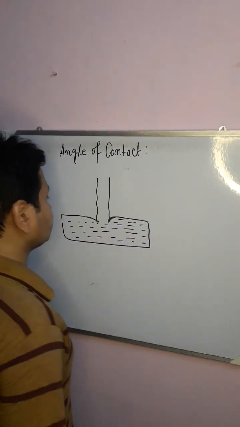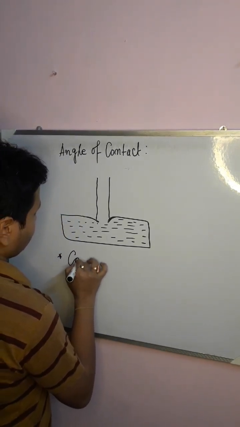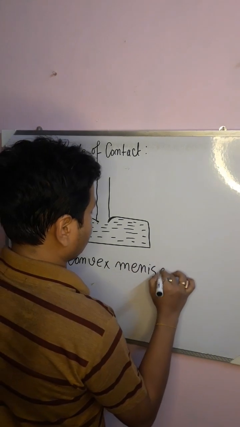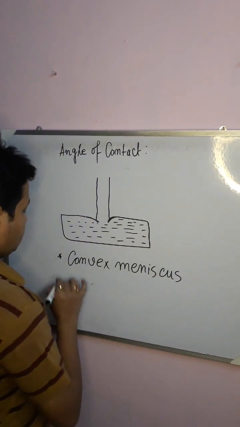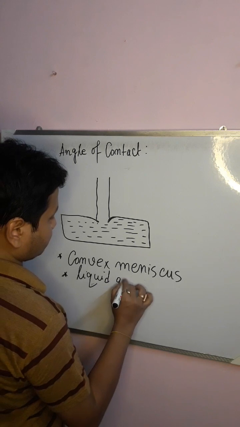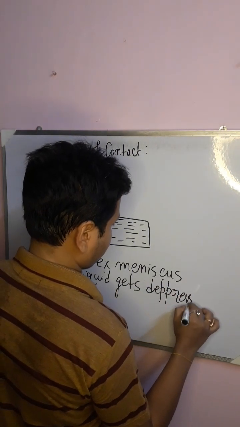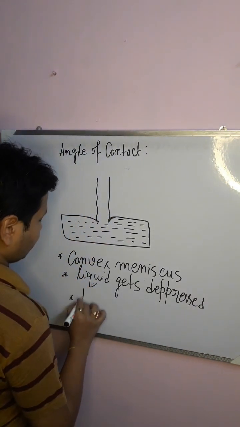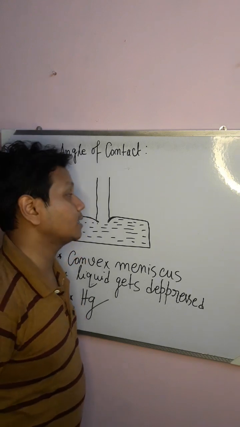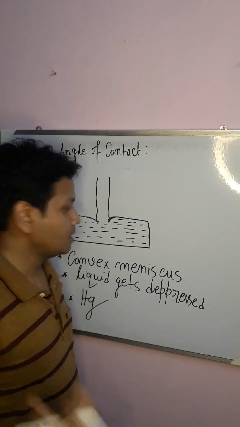In this case the convex meniscus is formed and the liquid gets depressed. Take an example. The familiar example is mercury. So mercury, when dipped in a vertical capillary tube, gets depressed. As a result, a convex meniscus is formed.